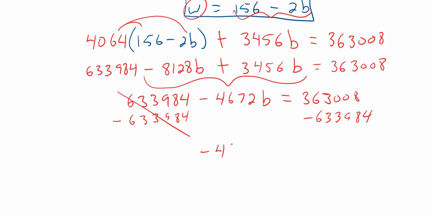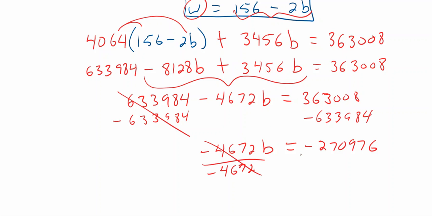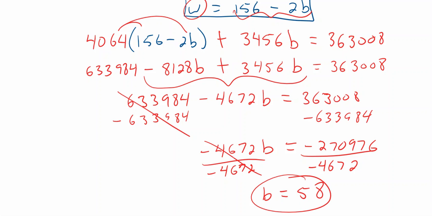So now we've got, is equal to, negative 270,976, and then just last thing, we're just going to divide this on both sides. We get 58. All that to get 58.